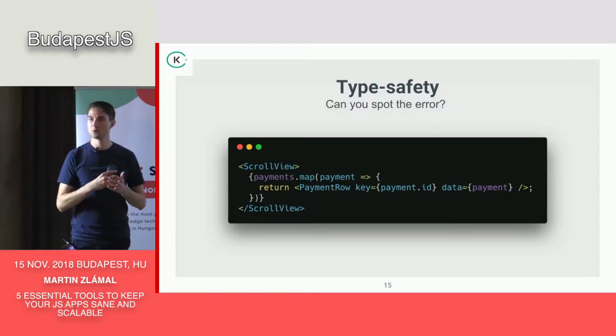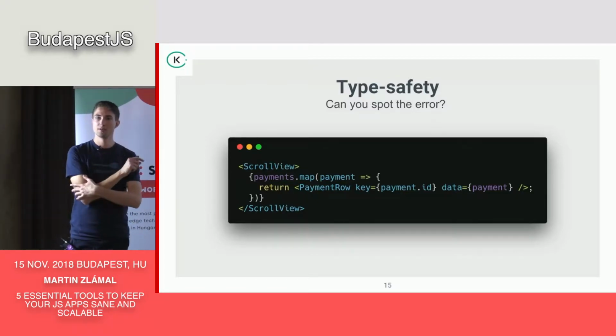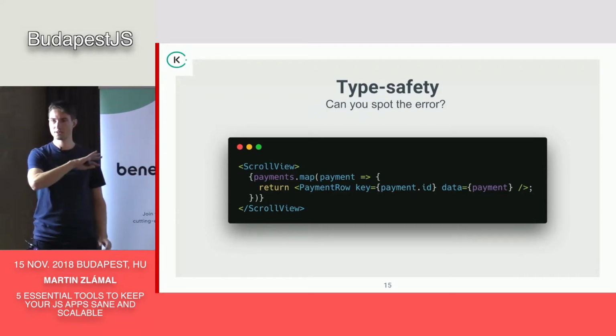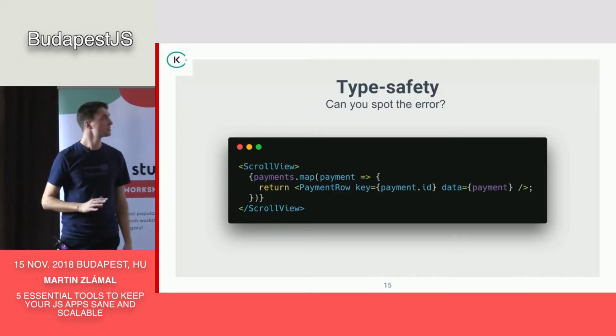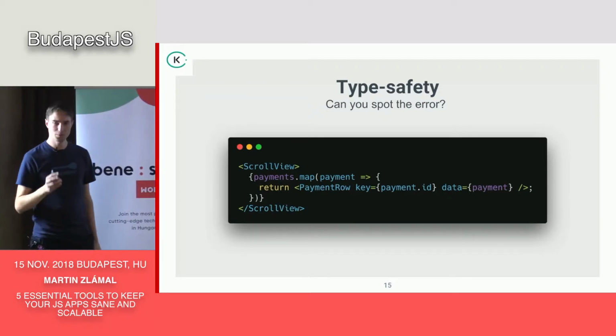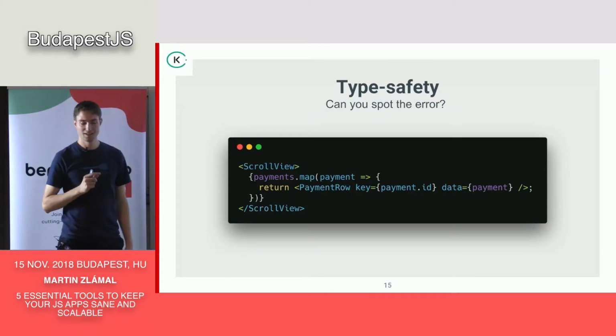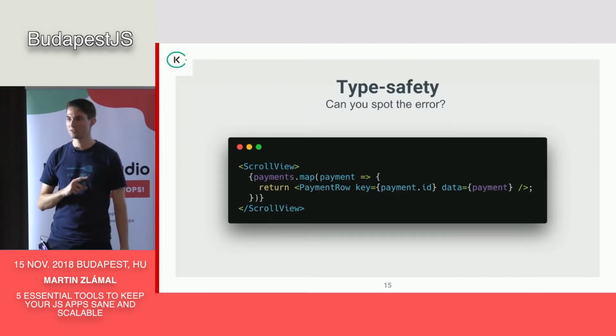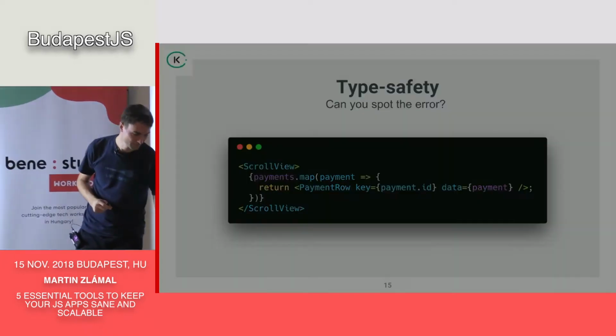Are you able to spot an error here? It's not a syntax error. All the brackets are okay. Don't worry about this. But can you spot it? Don't worry if you cannot, because I use this example so you cannot find it. The error is actually here.